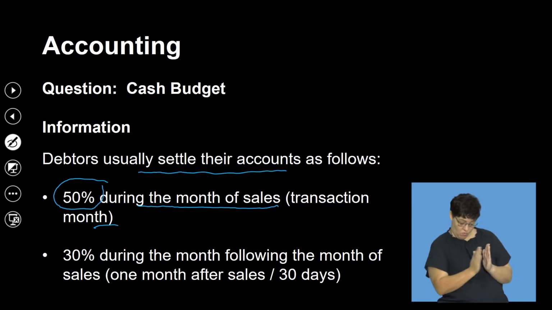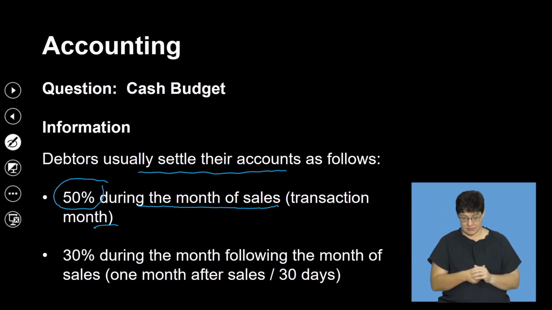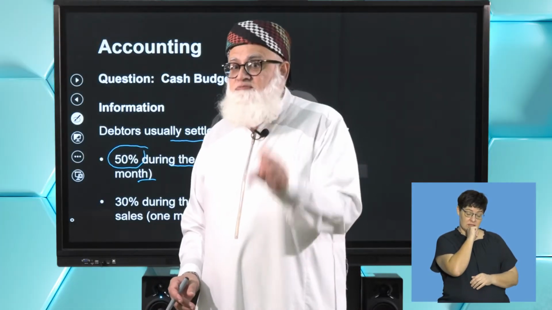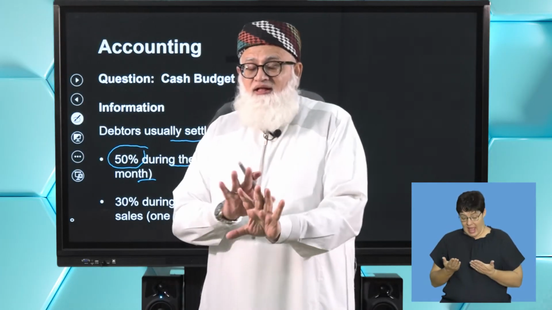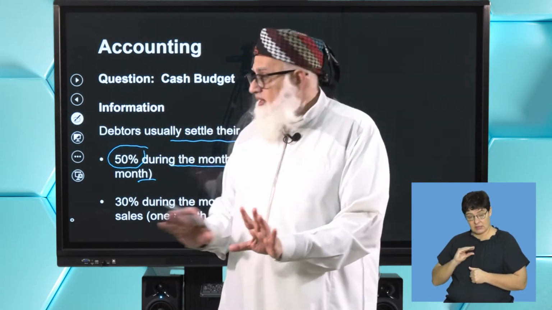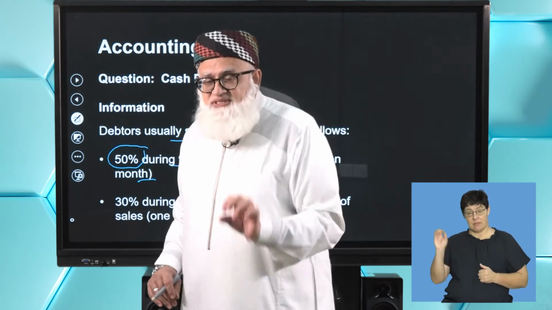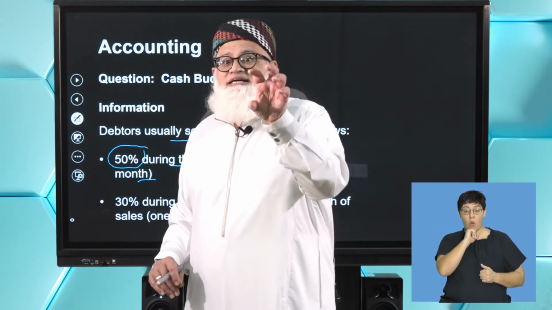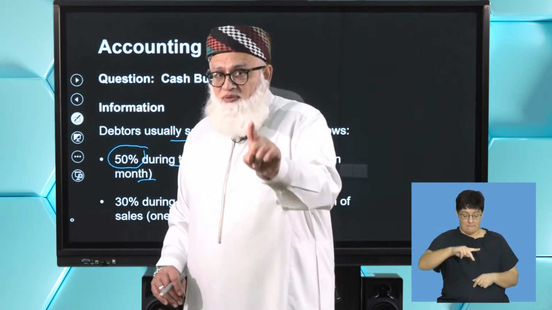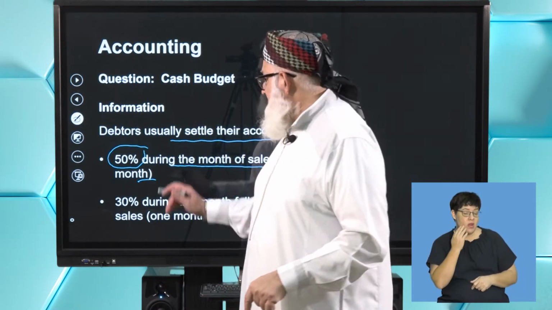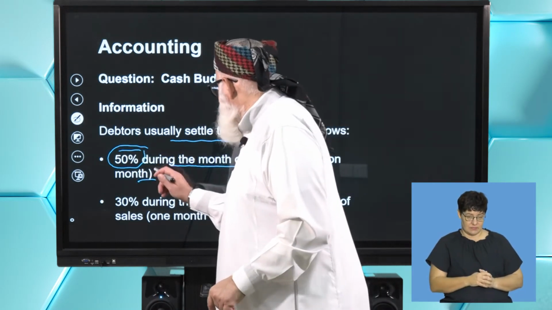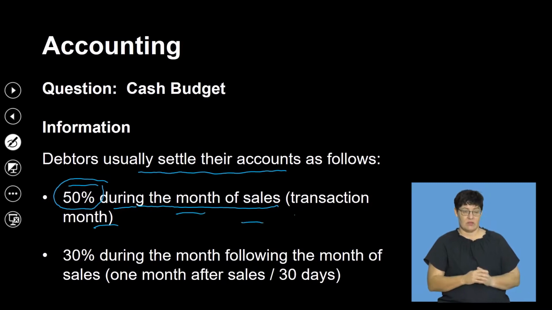So an example of that would be, if you sold goods on credit in August, then you expect, now this is where the challenge comes in, based on this question here, you expect 50% of the August credit sales to be paid in August. They're telling you that. 50% during the month of sale, normally the transaction month.